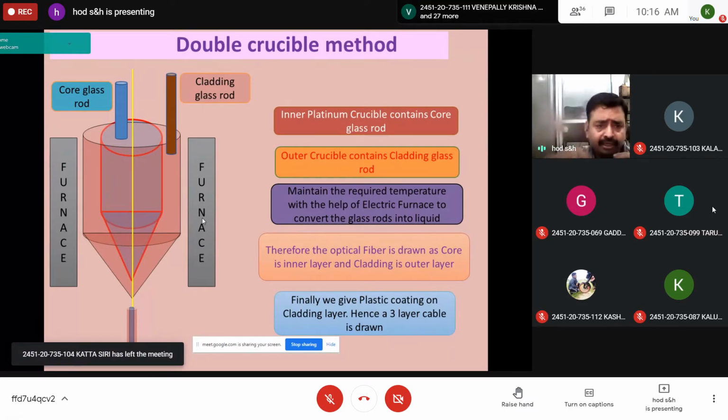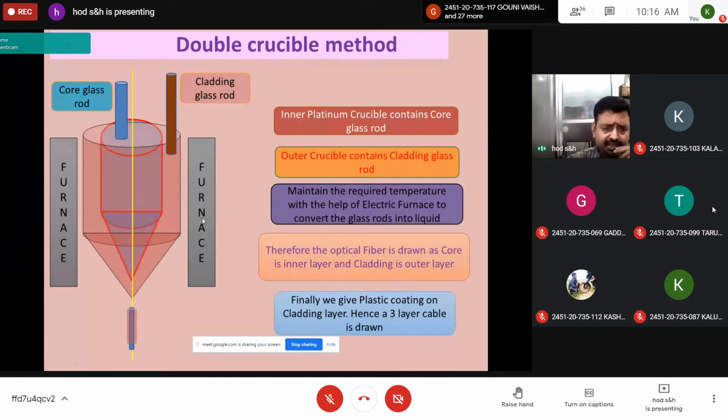So a core rod and a cladding rod initially are kept at the top of the crucibles as shown in the figure. Furnace is there on both sides. Initially the crucibles are heated to very high temperature, between 850 degrees to 1100 degrees centigrade. When the crucibles attain the required temperature, then slowly the glass rods, both the core glass rod and the cladding glass rod, are inserted in the crucible. Because of the high temperature, the glass is melted and it fills the crucible in molten glass form.